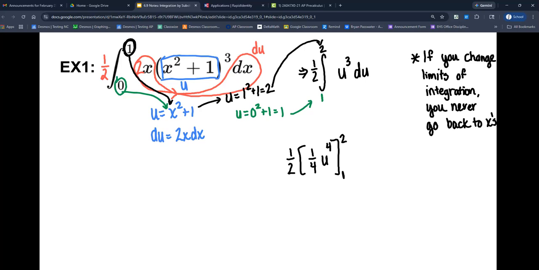So then I'm just going to plug in my 2, plug in my 1, and subtract those, right? You can multiply the 1/2 and the 1/4 together, or you can leave the 1/2 out front. I think I'll multiply them together. I'll get 1/8, and then I'll have 2 to the 4th minus 1/8 times 1 to the 4th.